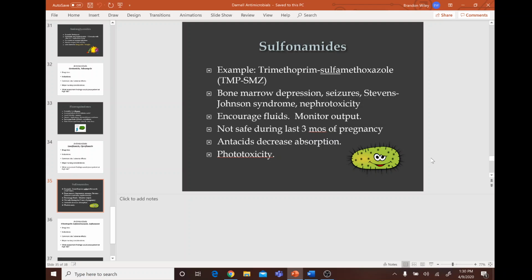What labs are we monitoring when taking sulfonamides? We're monitoring urine output, so we want to encourage fluids. When are sulfonamides contraindicated? During the last 3 months of pregnancy. What food and drug interactions do sulfonamides have? Antacids will decrease absorption of these.